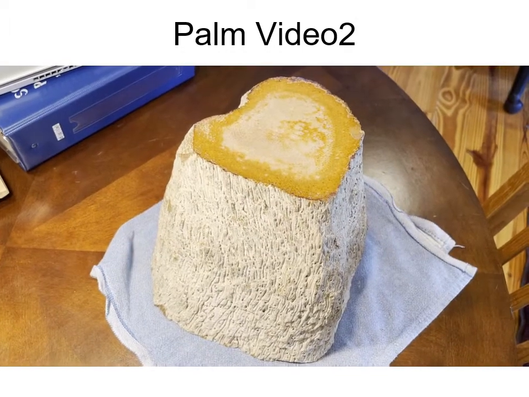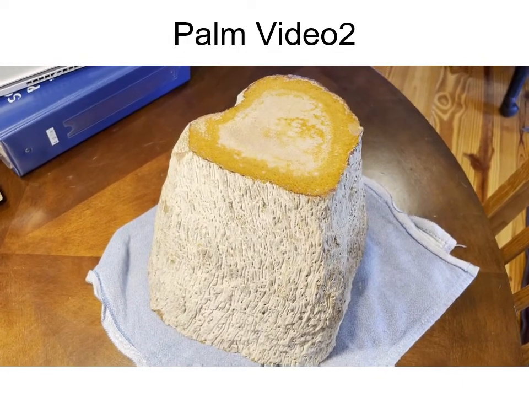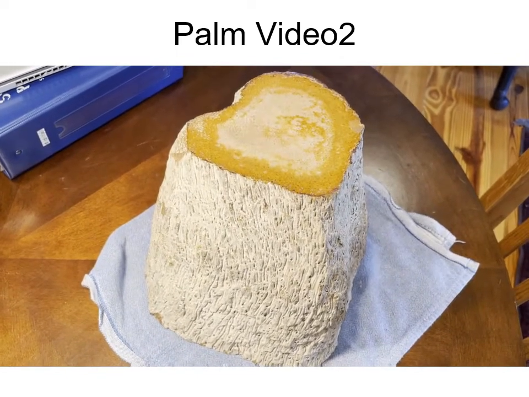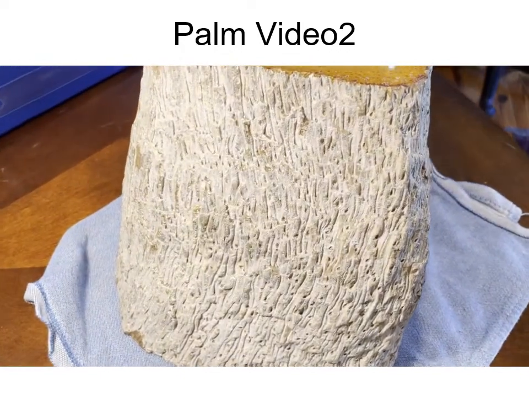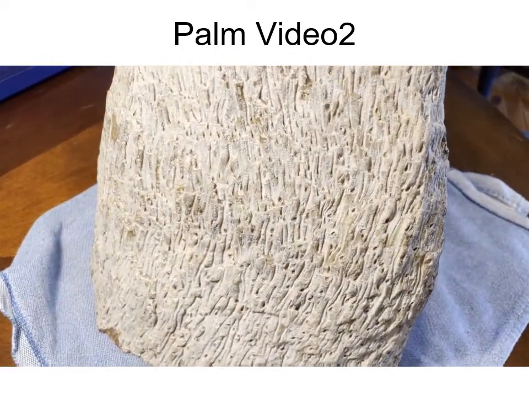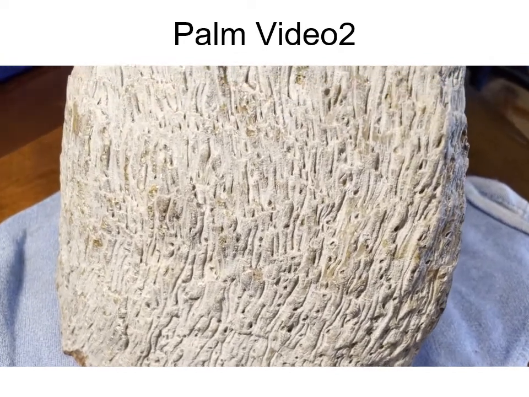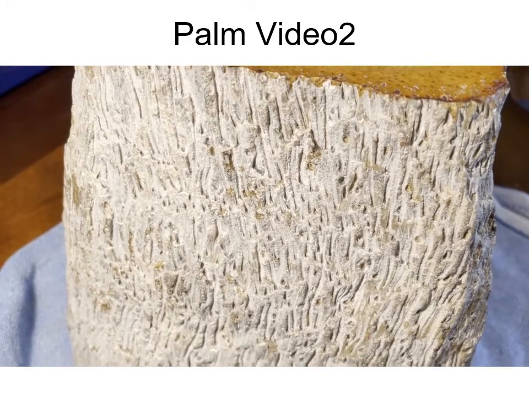Here we have another interesting round cylindrical specimen. It looks pretty much like the first one, actually. So you can see on the outside it contains all of these tube-like things which look very much like this previous specimen that I showed.